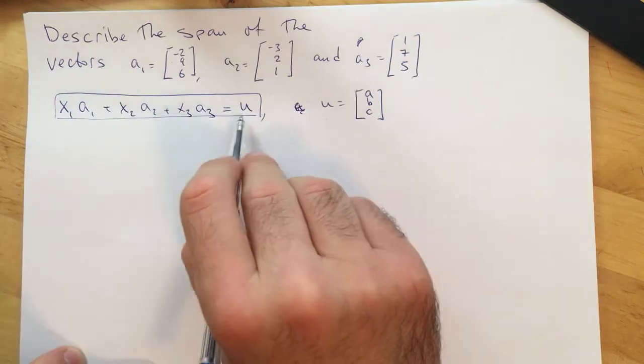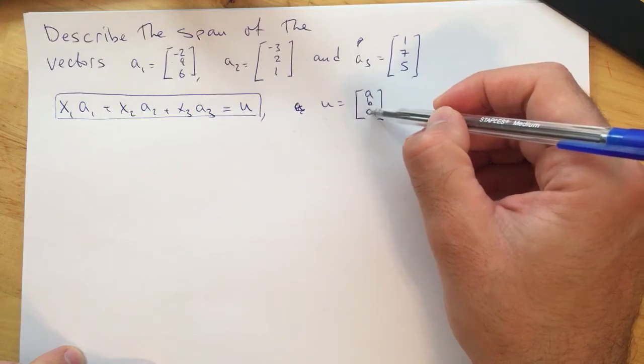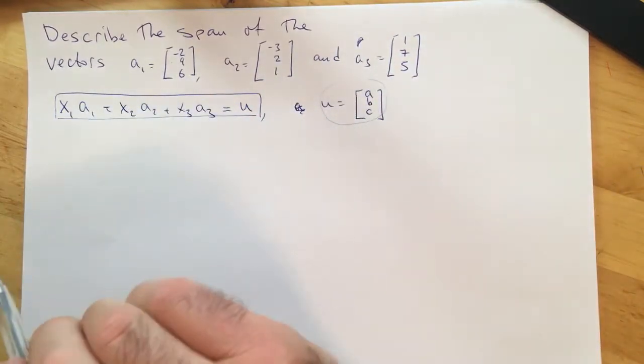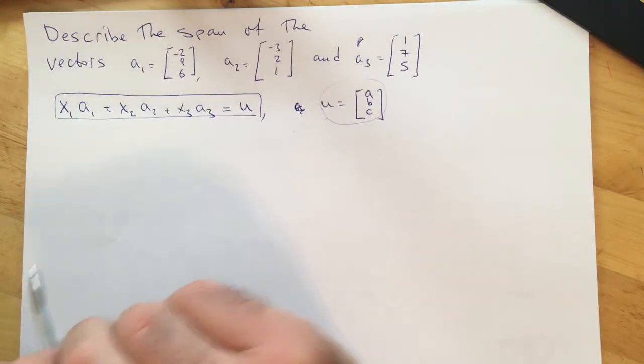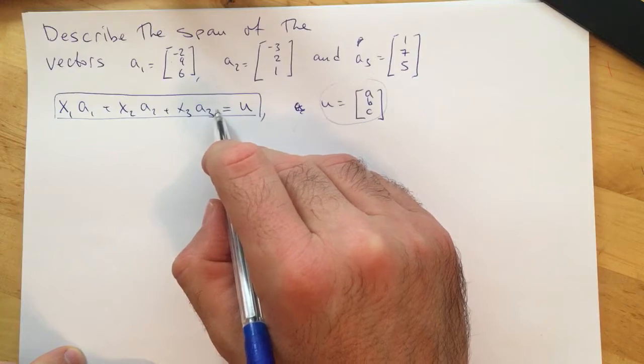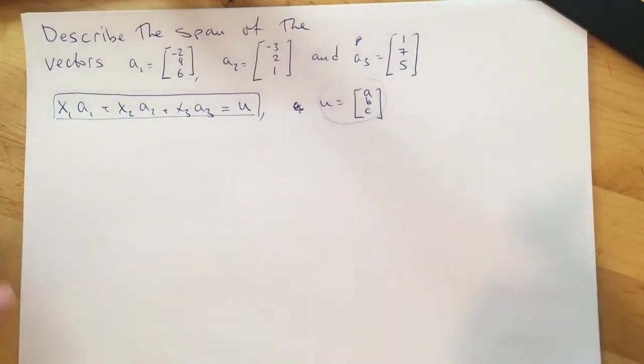For what u with entries a, b, c would satisfy this vector equation? Or in other words, what vectors can come up from any linear combination of these three vectors? So there you go.